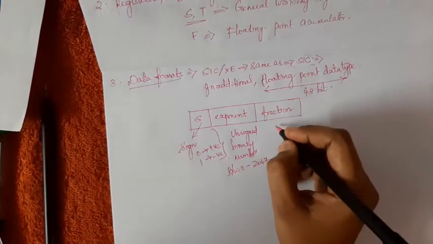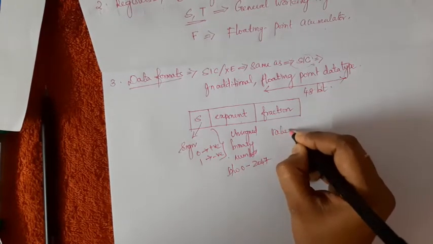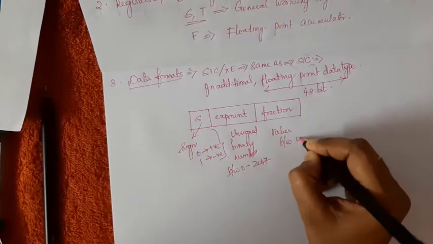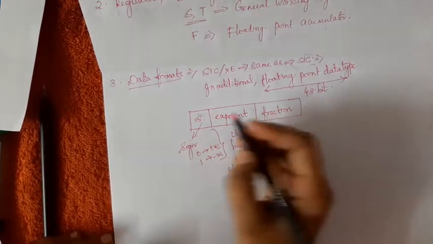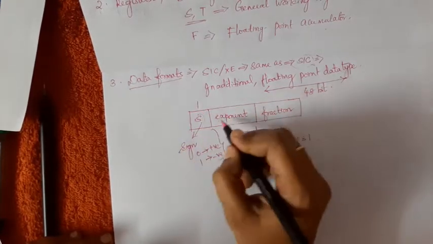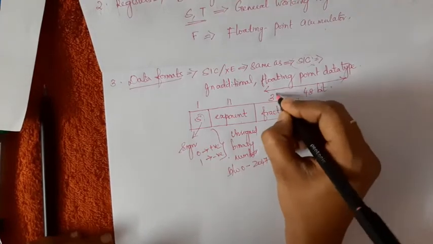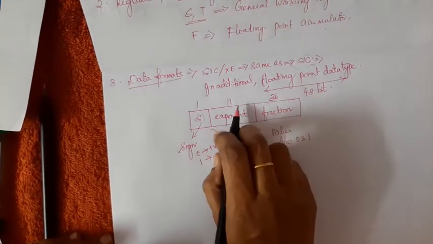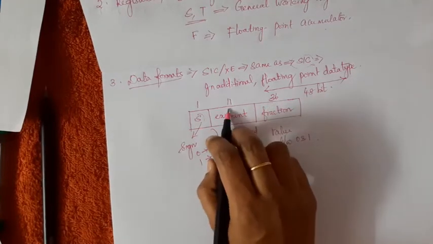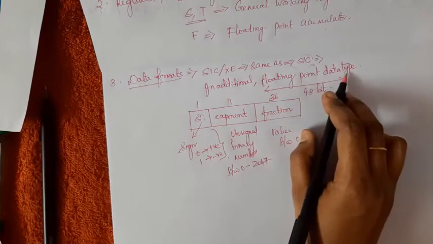Whereas this fraction is interpreted as a value between 0 and 1. The sign bit holds 1 bit, the exponent holds 11, and the fraction holds 36, making 48 bits. So this is the format of the floating point data type.